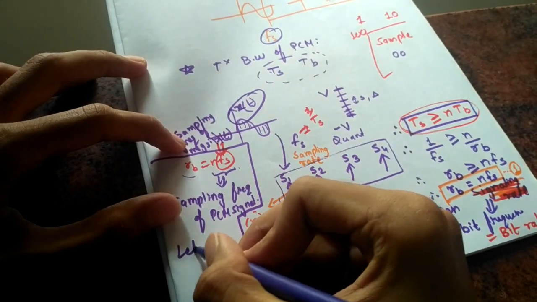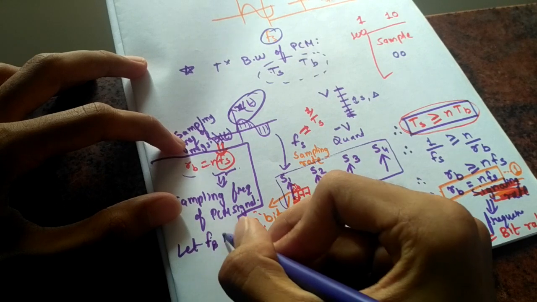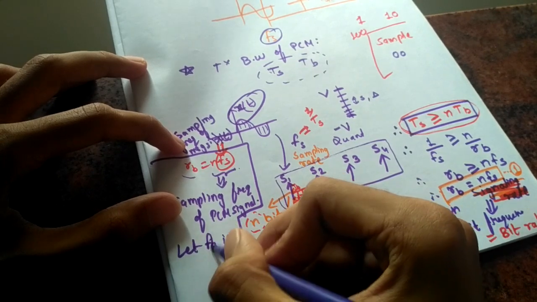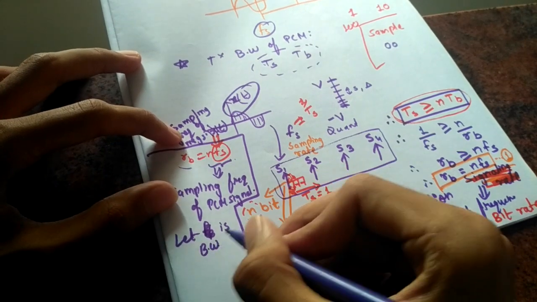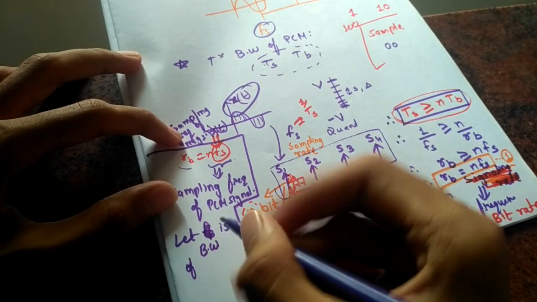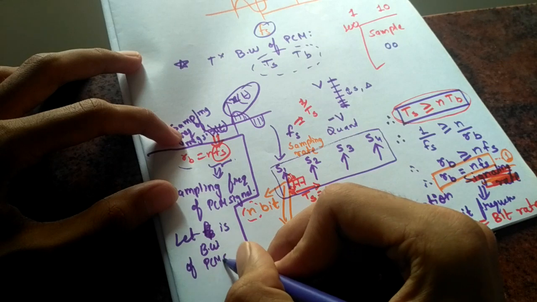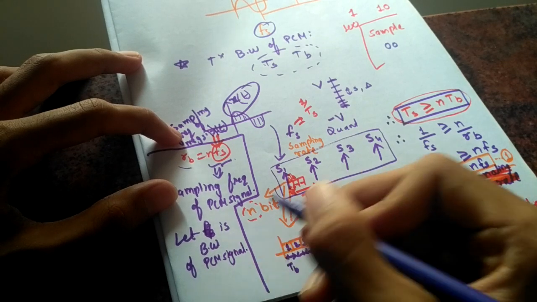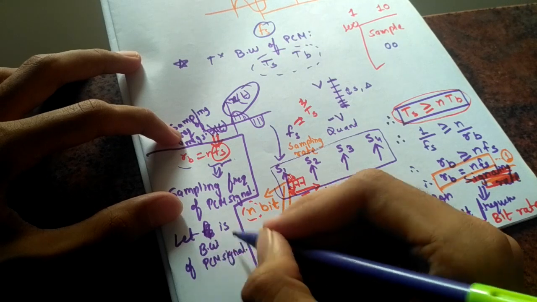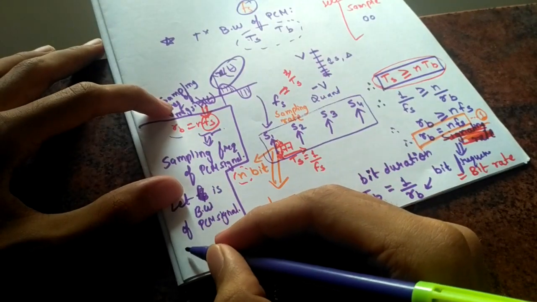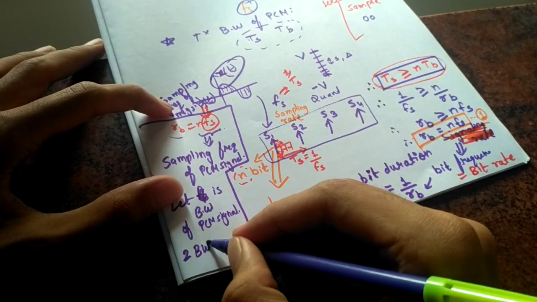Now let BW denote the bandwidth of the PCM signal, right? So what will be the sampling frequency of a signal having bandwidth BW? Obviously by the Nyquist criteria it will be twice BW.